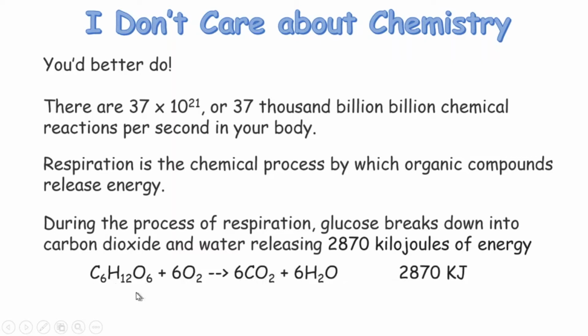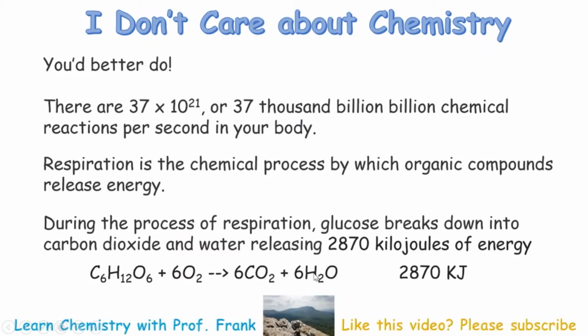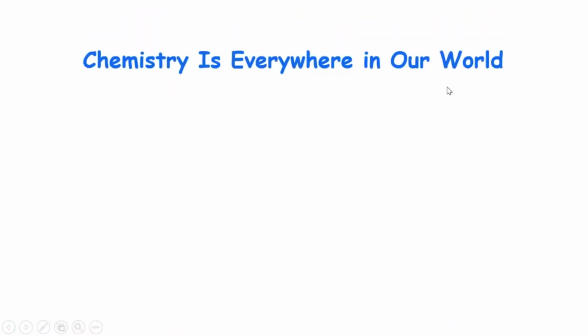And here's the chemistry language describing exactly what we just talked about: one of the 37,000 billion chemical reactions occurring inside our body. So that's the chemical reaction, and this means this reaction releases this much energy.